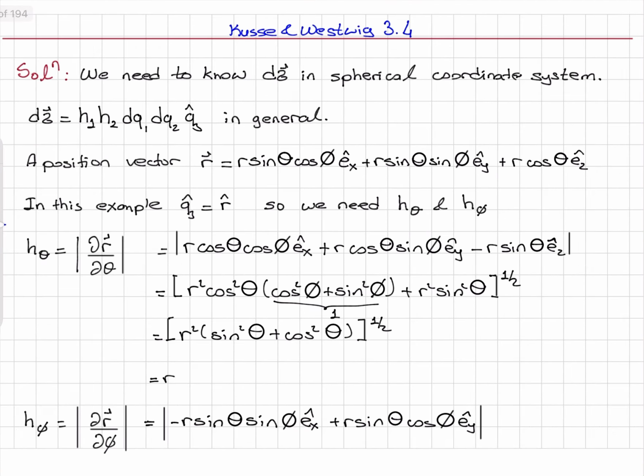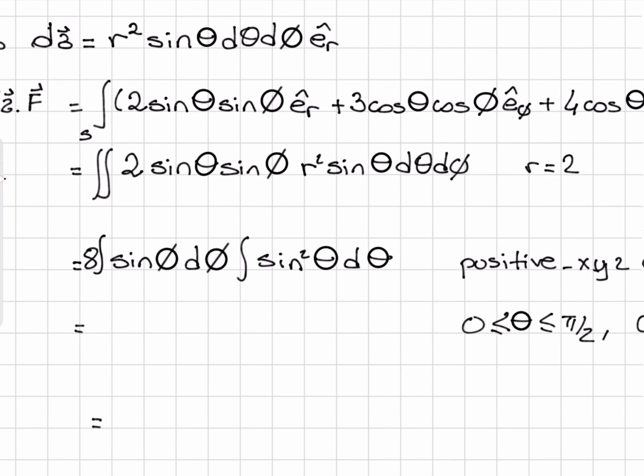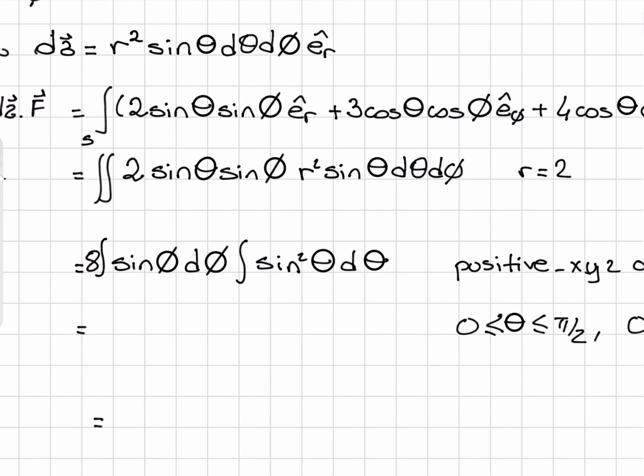Okay, so with that in mind, I can now write my limits of the integration. So I have 8. Now the integral sine phi d phi is minus cosine phi. This will be evaluated between phi equals 0 and phi equals pi over 2. Then I have sine square theta d theta.